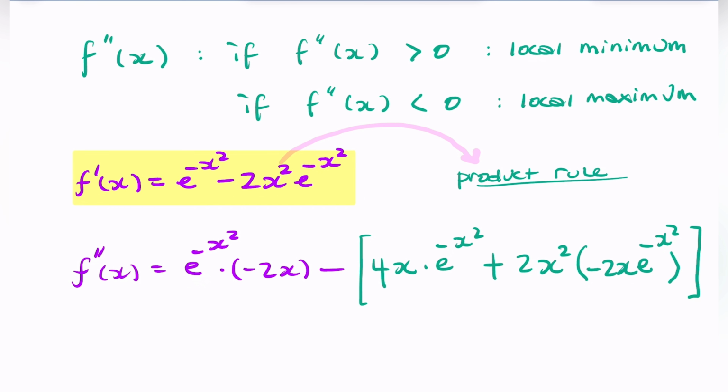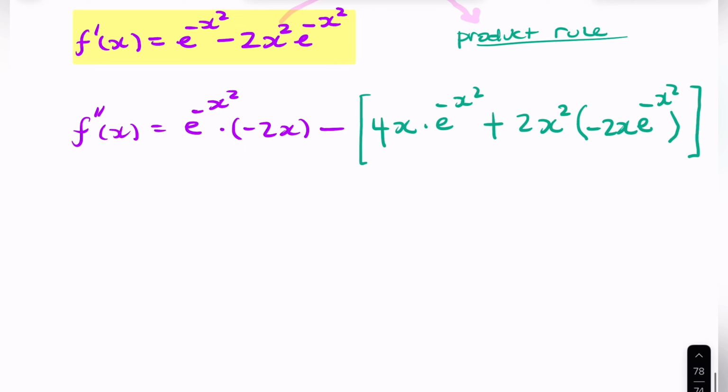Okay, so I can then multiply by the negative, and I'll simplify this. So let me rewrite it a little bit more neatly. My second derivative, f double dash.